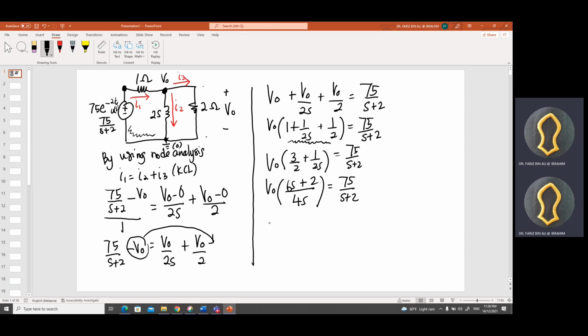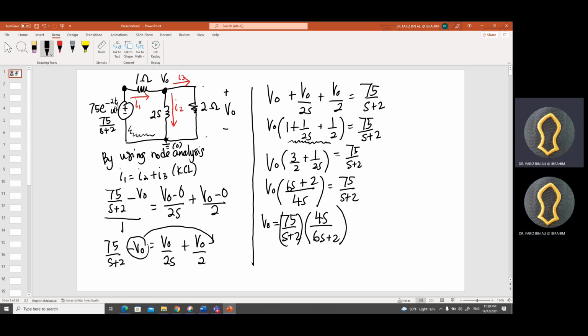So what is your V naught? Bring the rest to the right hand side. Initially we have 75 over S plus 2, so it is times 4S over 6S plus 2. Can we simplify that?